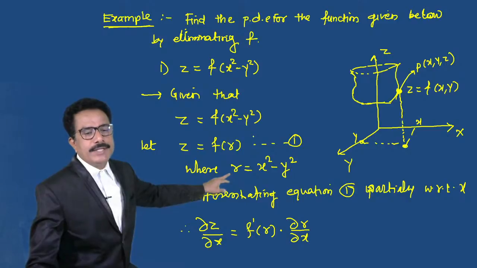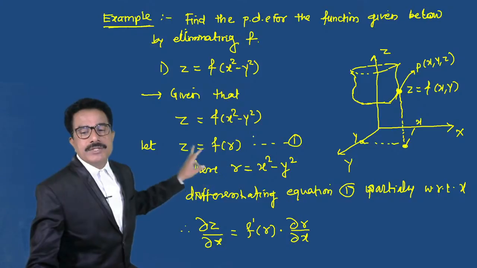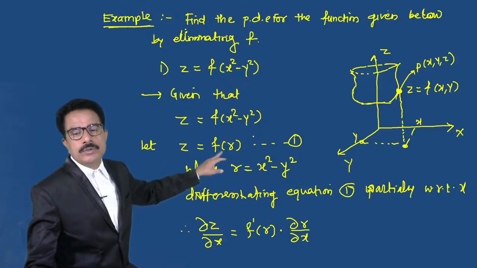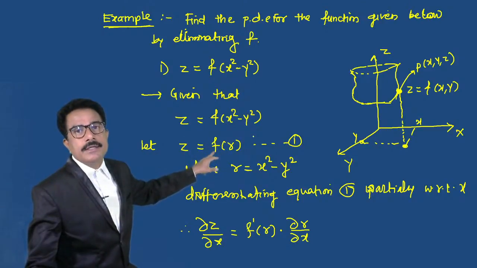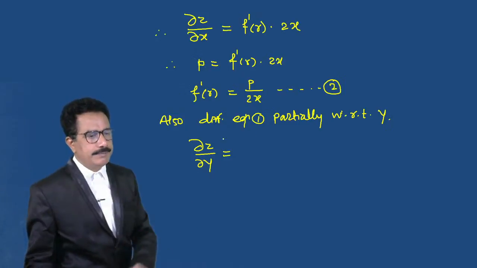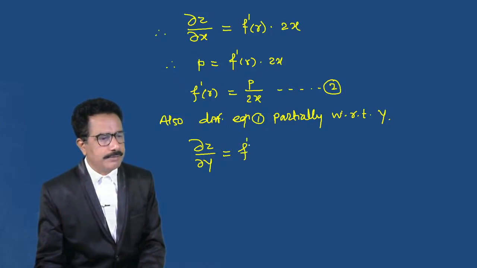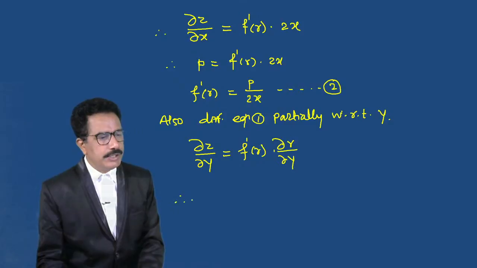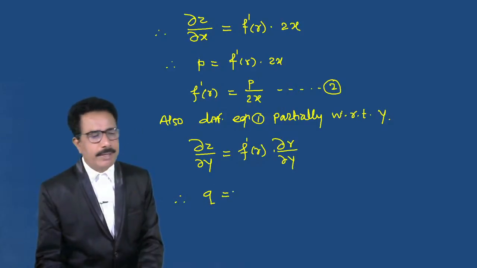The partial derivative of z with respect to y, dou z by dou y, is equal to dou f by dou r into dou r by dou y. So dou f by dou r is denoted by f dash of r, into dou r by dou y. It is denoted by dou z by dou y, which is given by q.